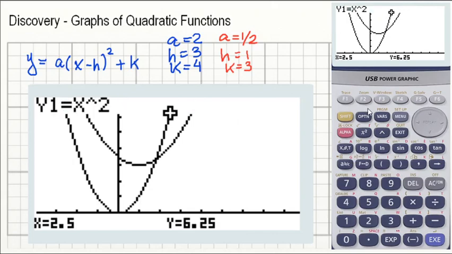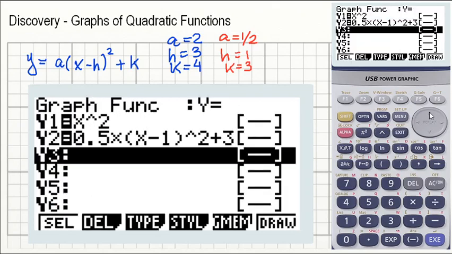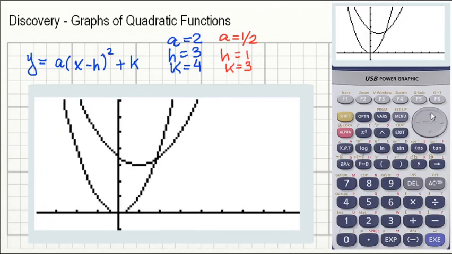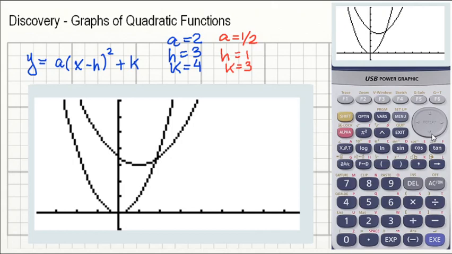If we trace the transformed function, that's exactly what we predicted. 1 to the right, 3 units up, and we can clearly see that it's our function just stretched in a way that all points have gotten closer to our x-axis.